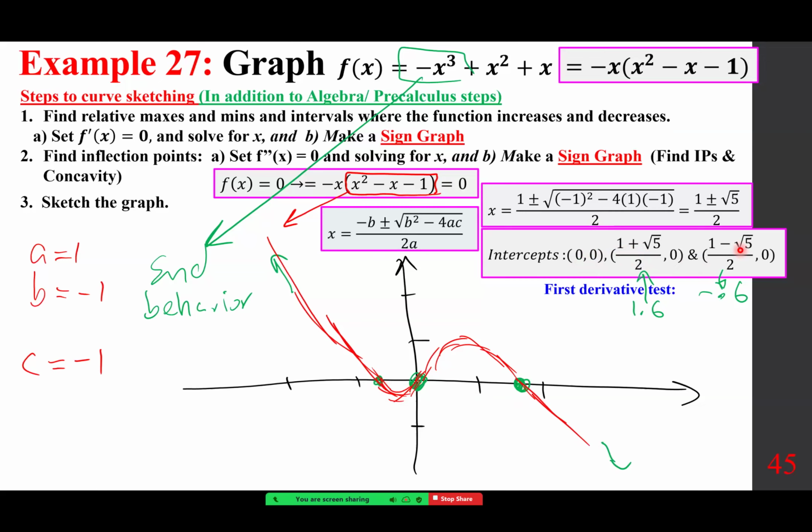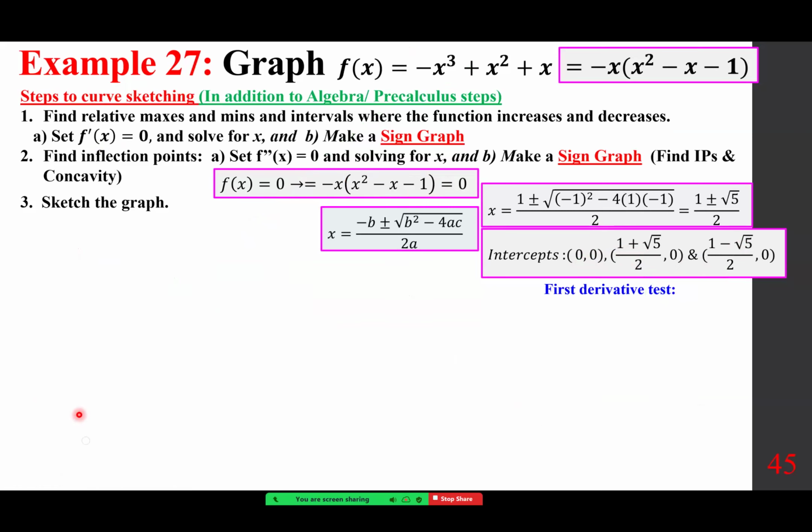Let's make this with more details by looking at f prime and the first derivative test. So f prime of x is negative 3x squared plus 2x plus 1, and we are going to set this equal to 0.